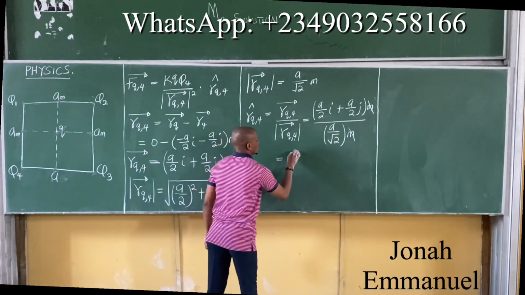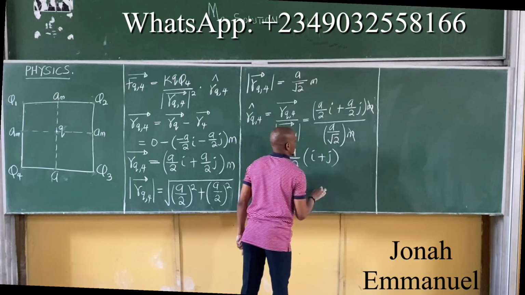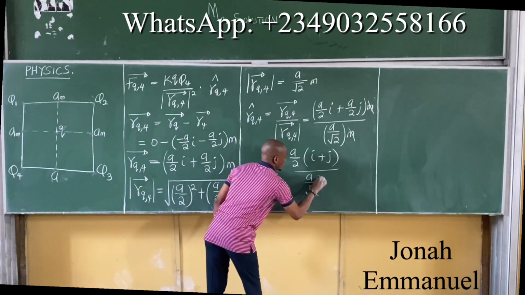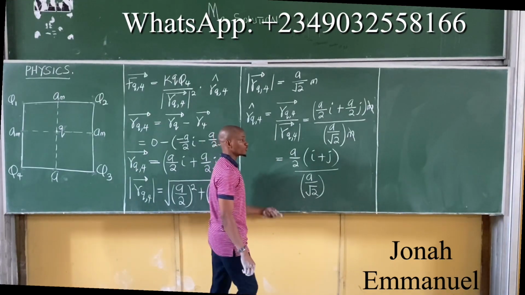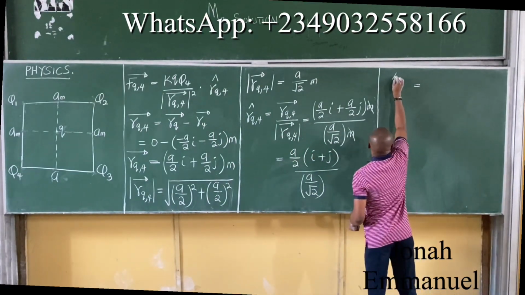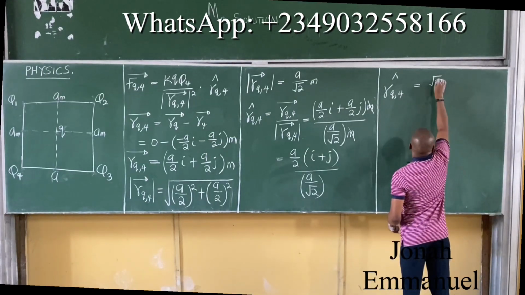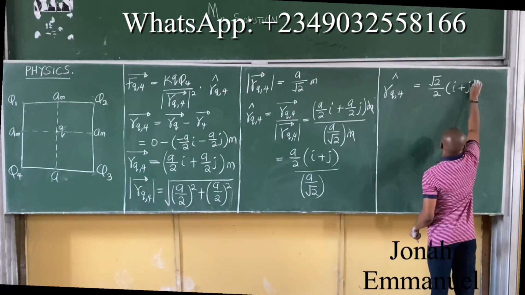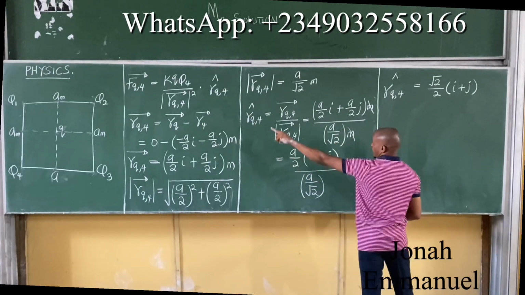That's now equal to A over 2 into I plus J all over A over root 2. Work out these two, it gives you root 2 over 2. So the unit vector of RQ4 gives you root 2 over 2 into I plus J. Substitute all of this back into your FQ4.